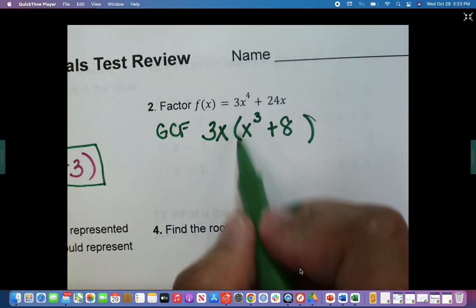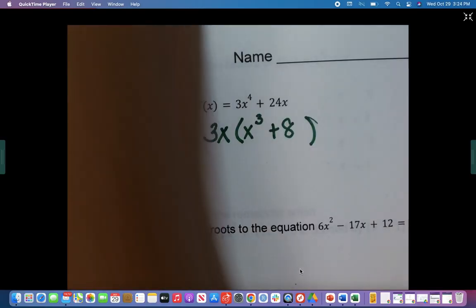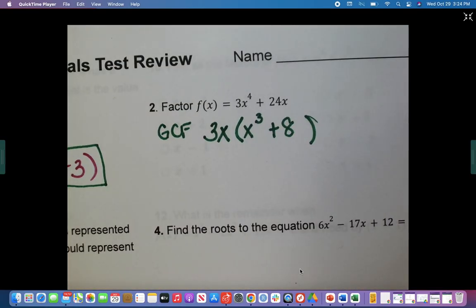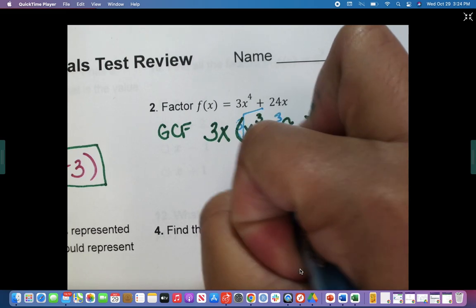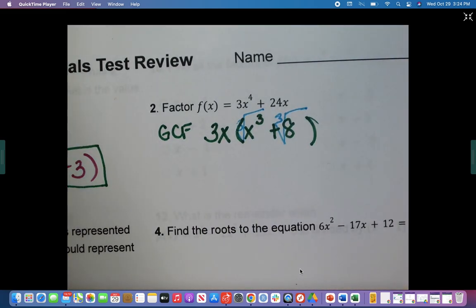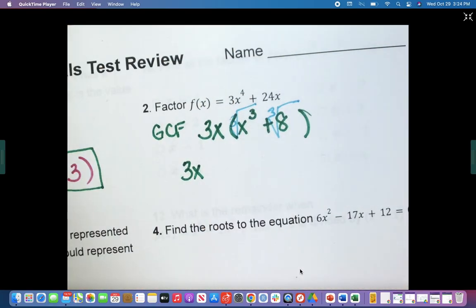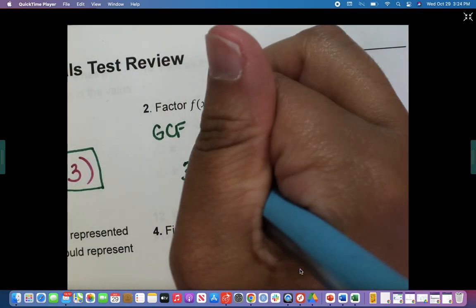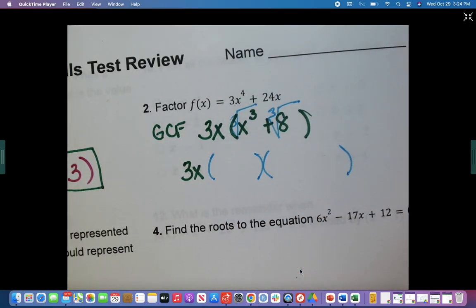Now we check to see what's left. We've got x cubed plus 8, so this is a sum of cubes. Remember, for a sum of cubes, we cube root, and then we're going to fill in our factors. So the GCF is 3x, and then for a sum or a difference of cubes, you have a binomial factor and then a trinomial factor.